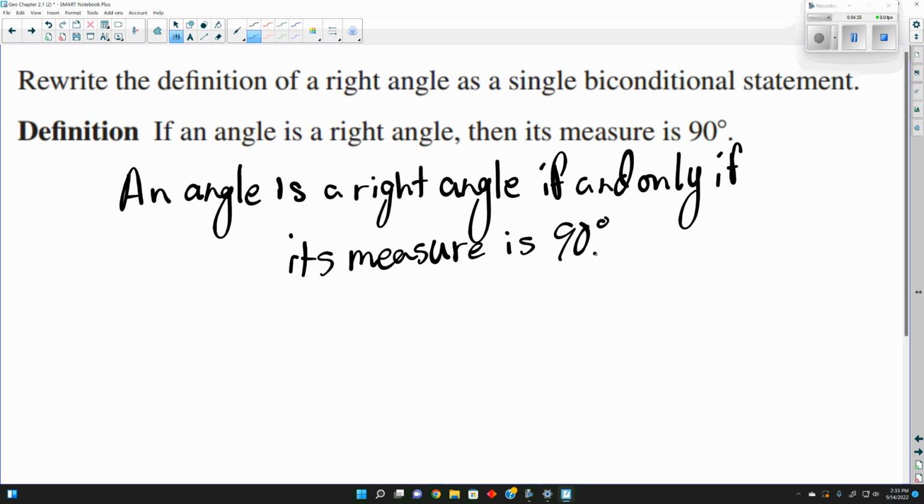Because if an angle's measure is 90 degrees, then it's a right angle, and that's a true statement. And we can also say, if an angle is a right angle, then its measure is 90 degrees. It works both ways. The conditional and converse are both true, so we can write it as a biconditional statement with if and only if.